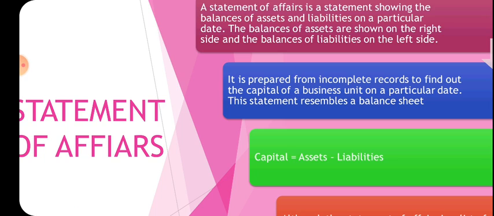So capital equals assets minus liabilities. We'll enter all the assets on the right side and all the liabilities on the left hand side. But the balance sheet will be tallied, both assets and liabilities will be equal. But here assets will be more than liabilities, so the difference is capital.